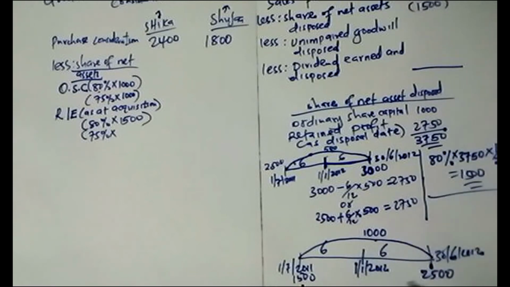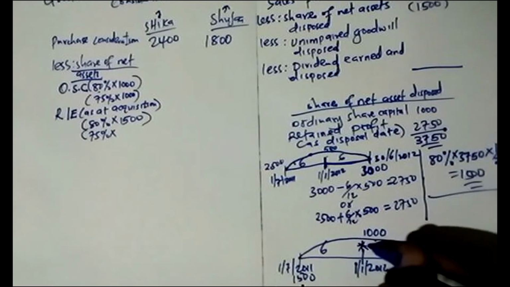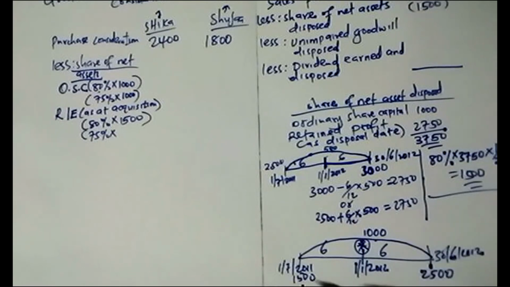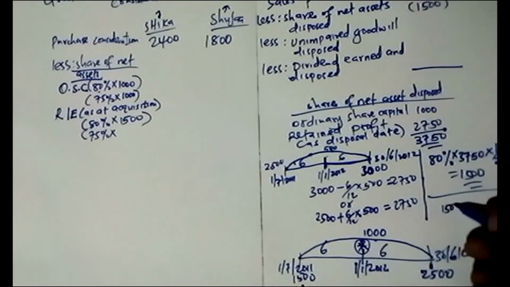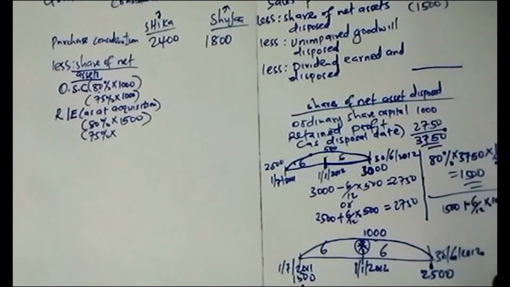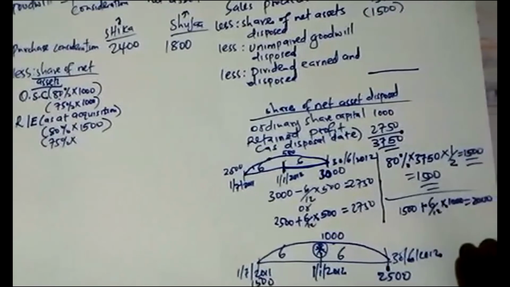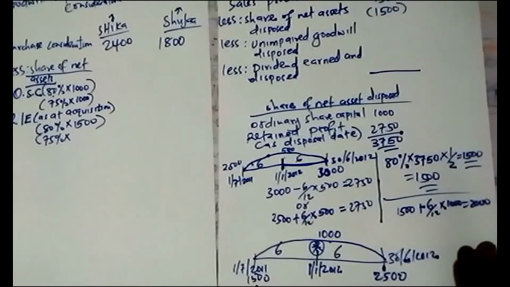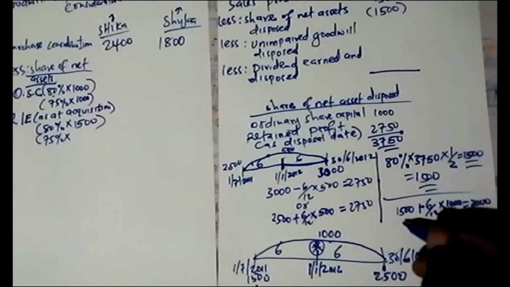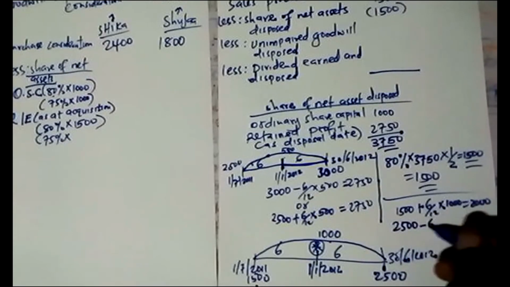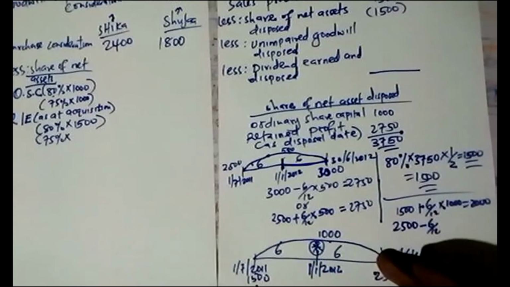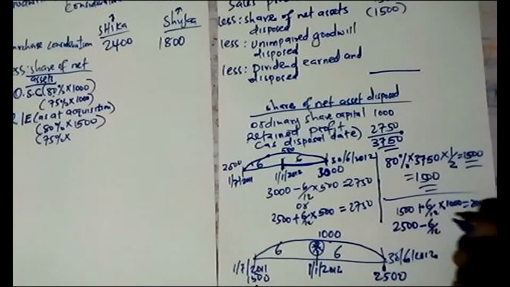So which means that in order to get as at the time of acquisition, I can take my 1,500 for the start. I would add the first 6 months, but I have to apportion the 1,000. So that is 2,000. The answer there is 2,000. Or I can take the 2,500 and minus the last 6 months times the 1,000.